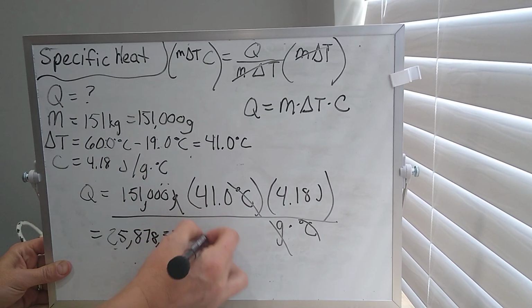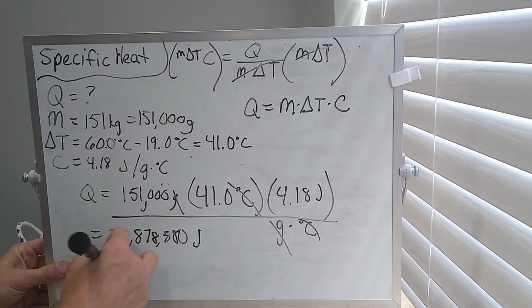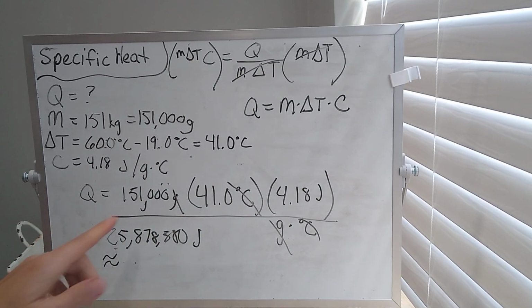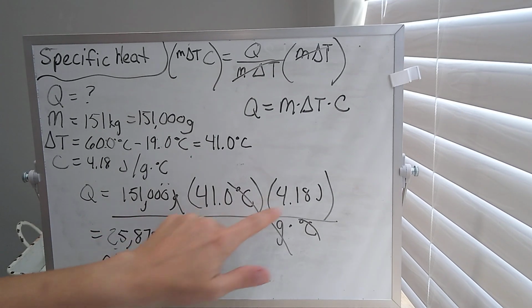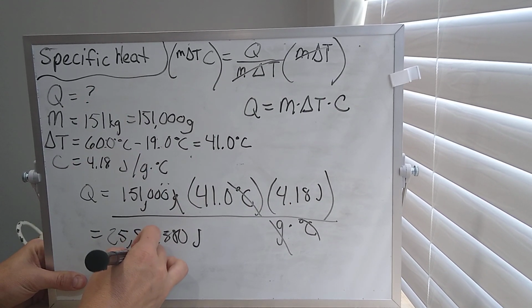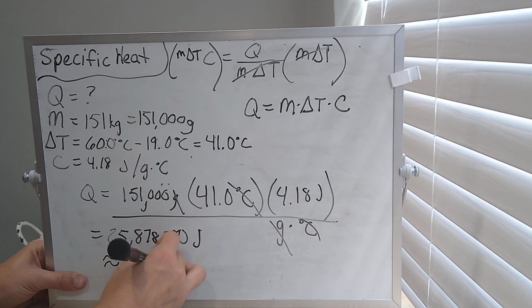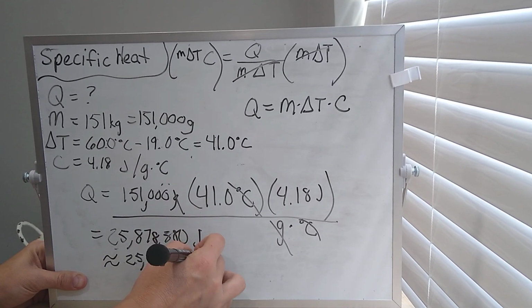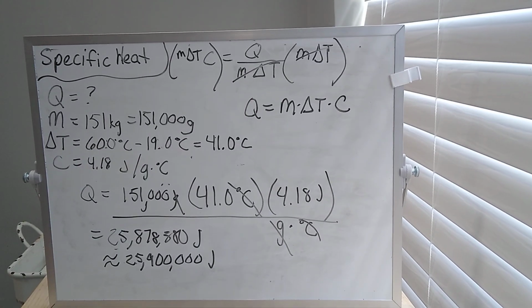That's the exact answer, joules. And to keep with sig figs, we've got 3, 3, 3. So we need 3 sig figs. So it's going to be 25,900,000 joules. And that's your final answer.